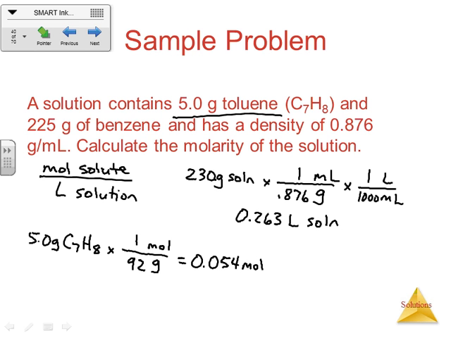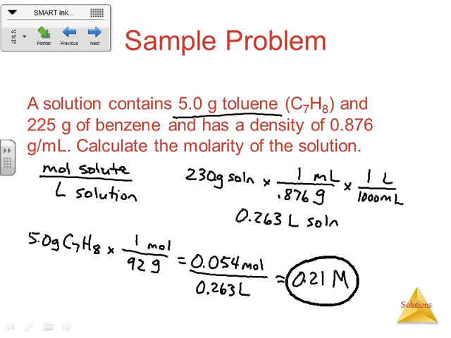Okay, so then if we want to find the molarity, we just take the moles of the C7H8 divided by the liters that we found, 0.263, and that's going to give us our molarity of about 0.207. Well, no, I should have rounded this. I did round that one to 2 sig figs, so 0.21 molar.